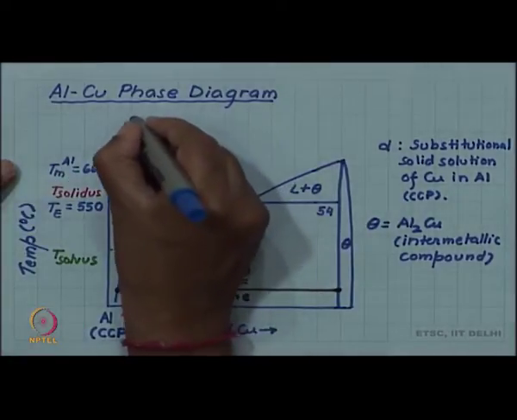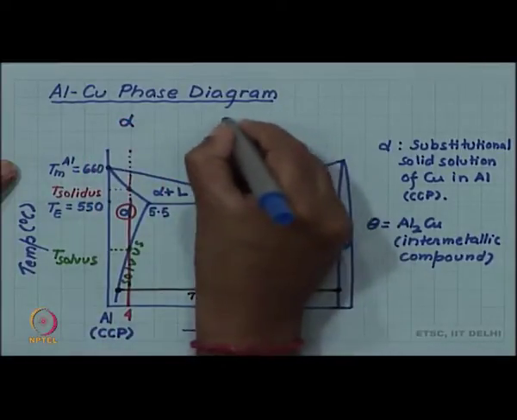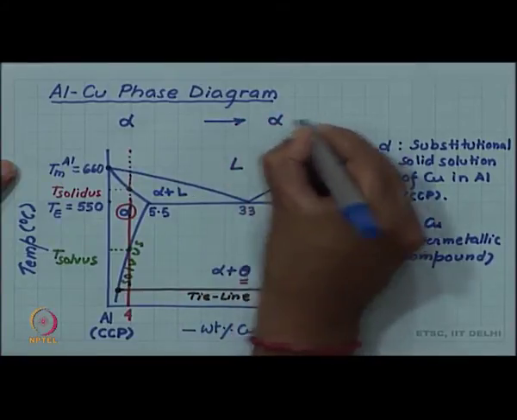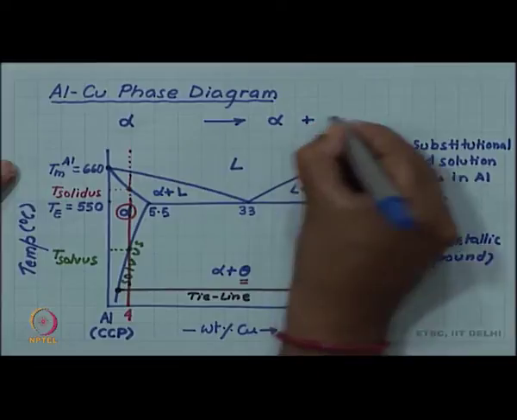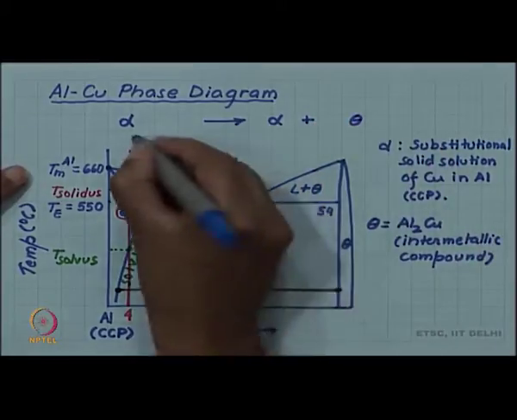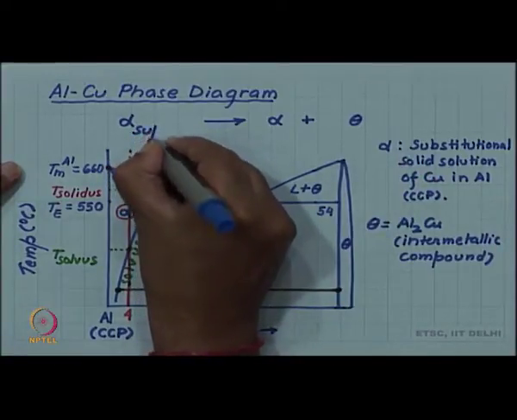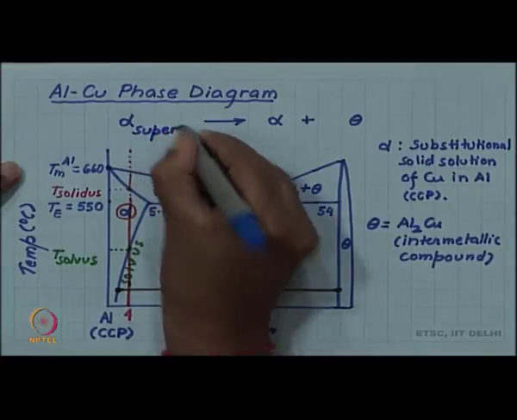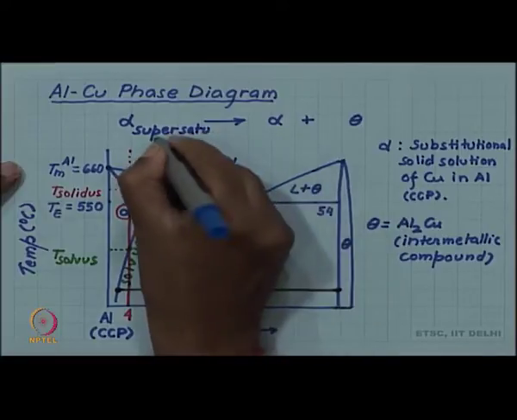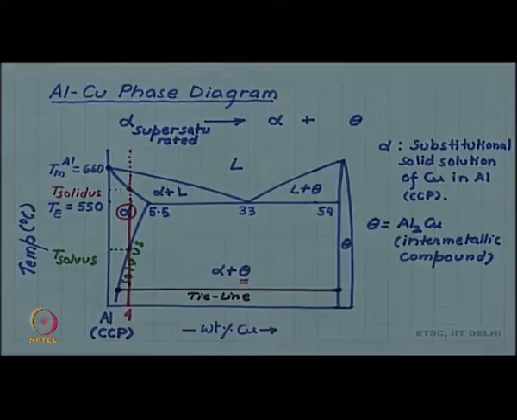Let me write that: alpha undergoes a transformation to alpha plus theta. This alpha we will call a supersaturated alpha. Why?